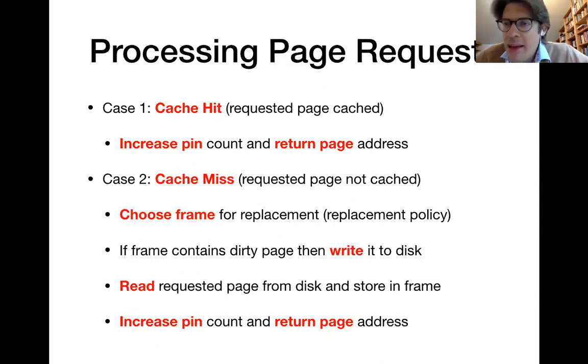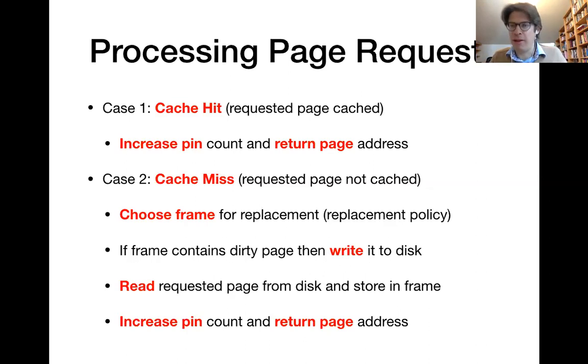And in that case, it is actually pretty short. We just increase the pin count for that page, meaning there's one more process interested in that page. And then we simply return the address of the page to the requestor, and then the buffer manager is done. So that is the efficient case.